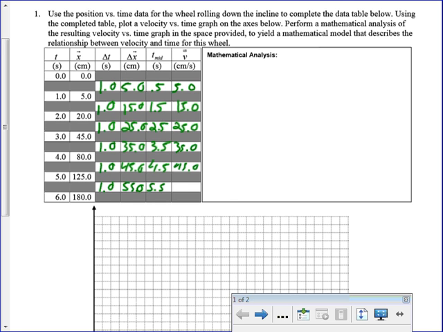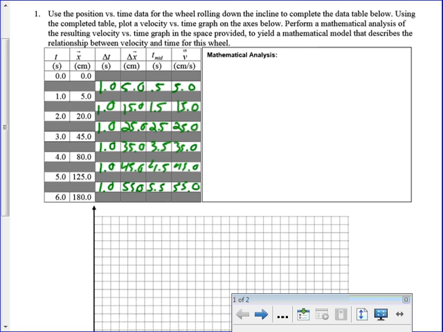45, and 55. The reason why this is important is because we know from the midpoint theorem that if you have something with constant acceleration, the instantaneous velocity at the halfway point is going to be equal to the average velocity over the entire time interval.